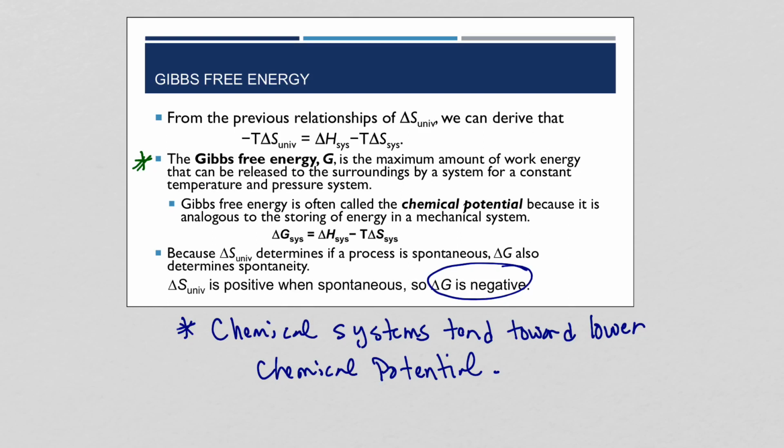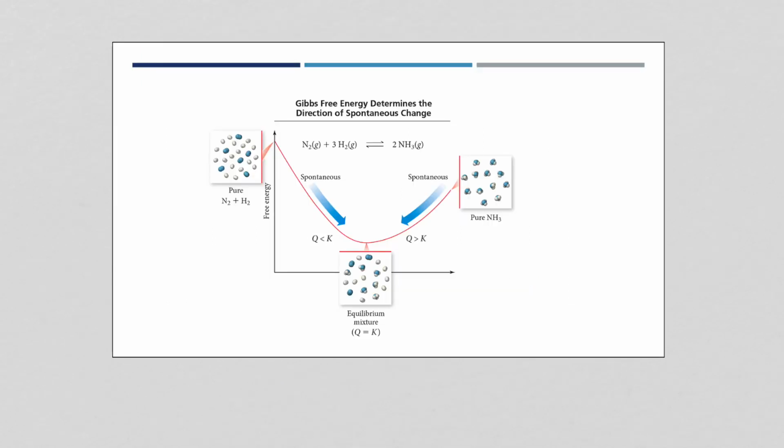So if we move from our reactants to our products in a chemical reaction, we want that potential energy, that change in free energy, delta G, to decrease. So if we look at this little graph, we can see that if you're on one side or the other, we're going to move toward that lower potential energy.